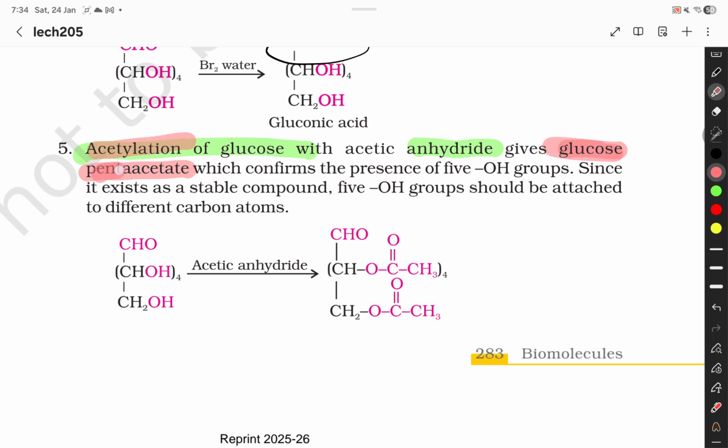Acetylation gives glucose pentaacetate. Because it has five OH groups, whatever OH groups are there will get acetylated. So it's a test for the presence of five OH groups, and it exists as a stable compound.